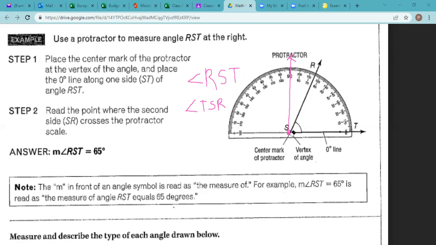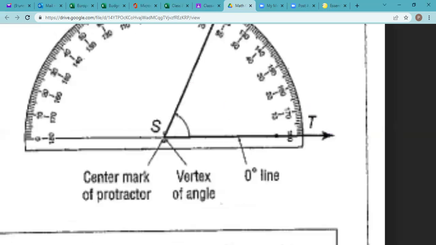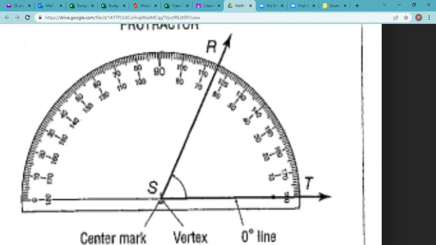Okay, now as you can see, this T starts over here to the right. And I'd say typically a lot of your angles do face to the right. Then of course the other leg is going up to where we have the letter R. Now, I'm going to try to make this bigger, and hopefully you can see it.